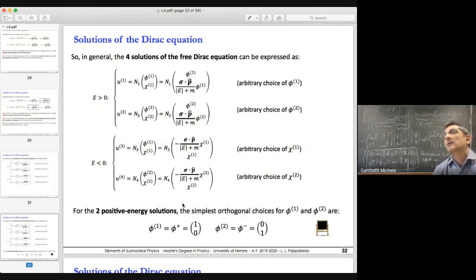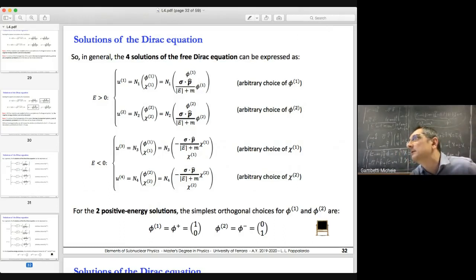So what kind of hypothesis do we make for the arbitrary choices? Let's start with the positive energy solutions. The simplest orthogonal choices for the phi 1 and phi 2 are the following. It's just an orthogonal set of vectors (1, 0) and (0, 1), like spin up, spin down. So let's now use this convention and try to work out the full analytic expression of the positive energy solutions.